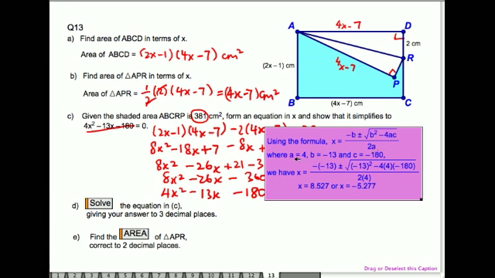Here a is 4, b is minus 13, and c is minus 180. Put it into the equation, and using your calculator, we get the values x is 8.527, and x is also minus 5.277.